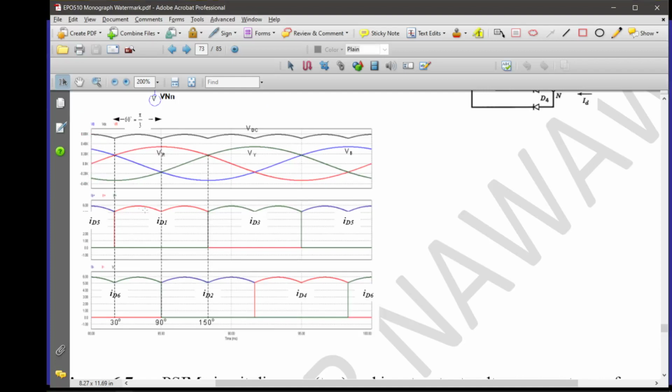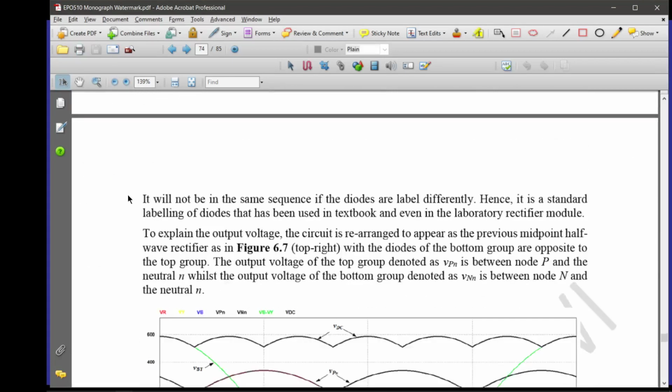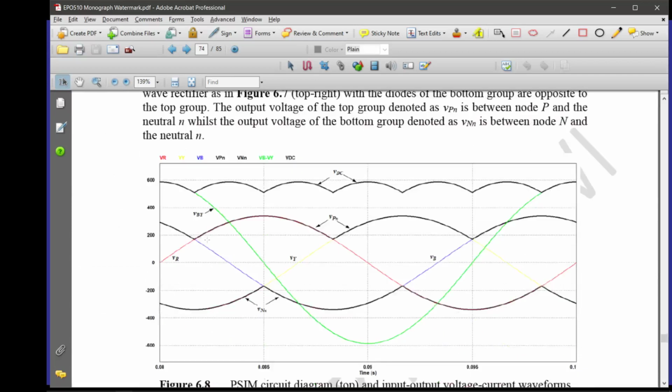And if you look carefully, it is actually following. Okay, you can see it clearly here, right? So if you refer to this, the output voltage is actually, or you can refer to this as well. So this is VBY, isn't it? VBT. Okay, this is the supply voltage for the blue phase, and this is the supply voltage for yellow, isn't it? So here we have VBT minus VYT.